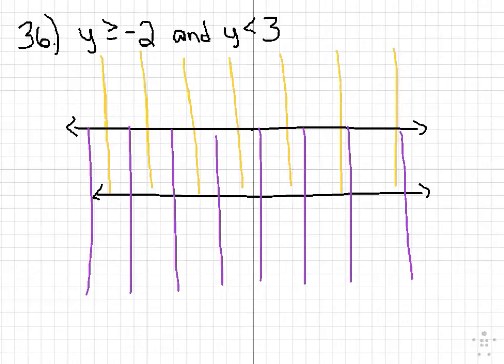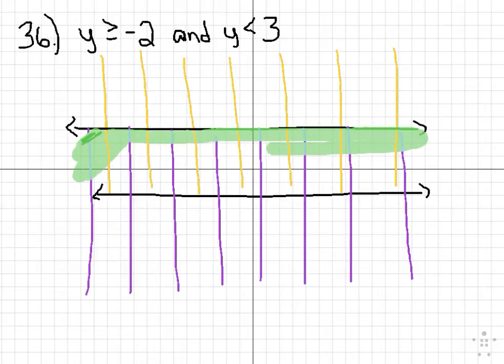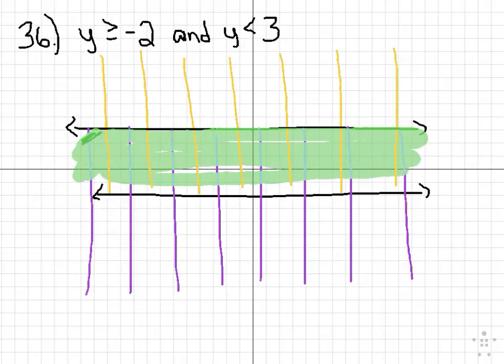So our solution set then, and I'm going to try to do this in green here, is everything inside of these two lines, which satisfies both of these at the same time. So you just shade inside there, however you can do it.